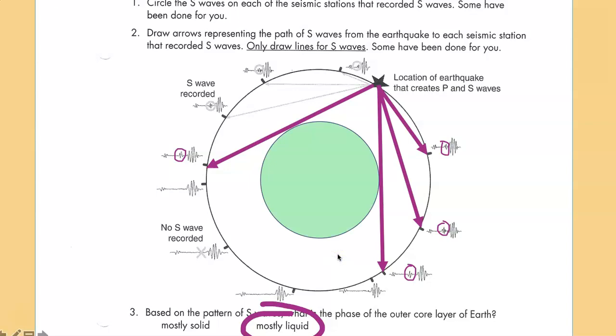And this is an approximate example of what you should draw, something like this, so that the S waves traveled through this point, but they didn't travel to the next station because they were stopped by the liquid outer core. And remember, this is the core mantle boundary that I'm drawing in green here. So the mantle is solid and the core is liquid, and that is why these S waves are not penetrating through this region.